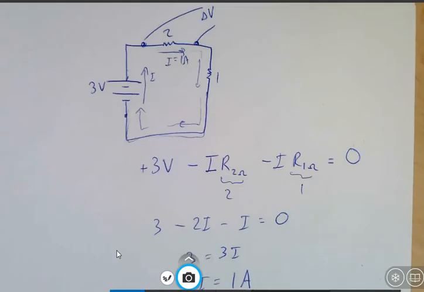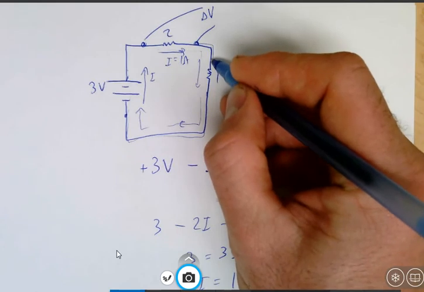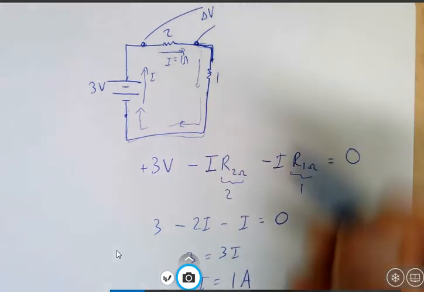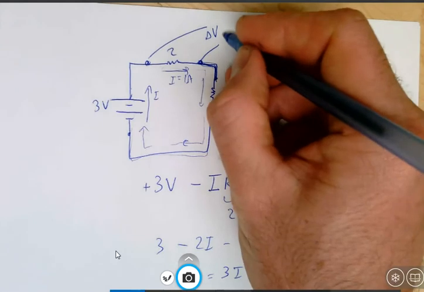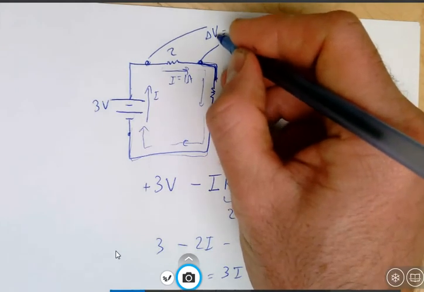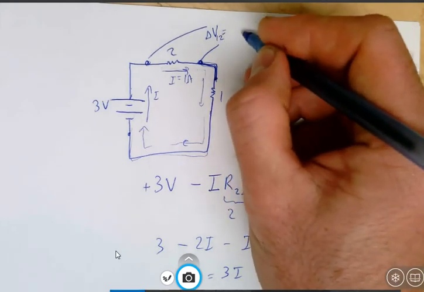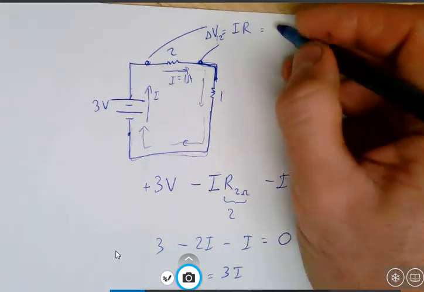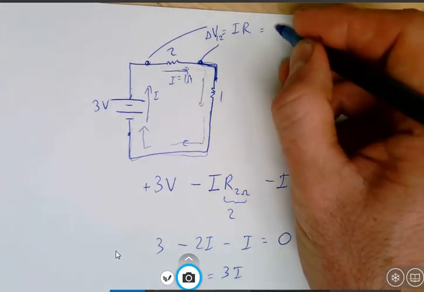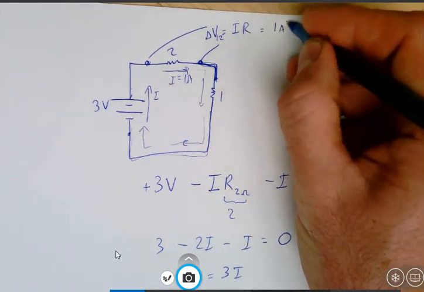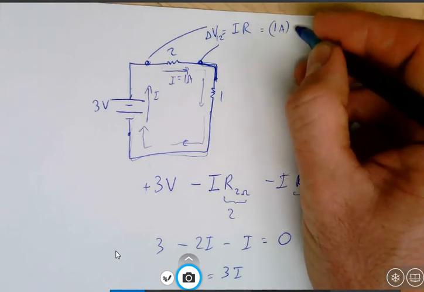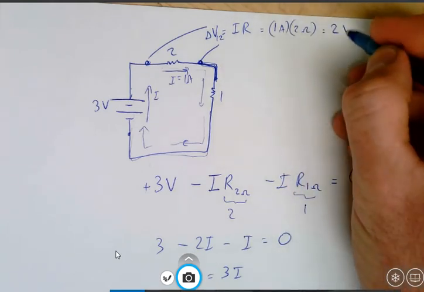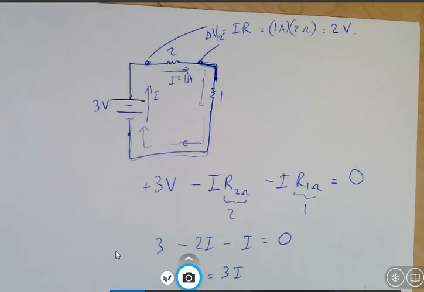Notice how I'm not being so specific on whether it's here or here, because I know that this place over here and this place over here have the same voltage. So delta V between points 1 and 2 is going to be equal to I times R, which is 1 amp multiplied by 2 ohms. Amps times ohms gets me volts, so that'll be 2 volts.